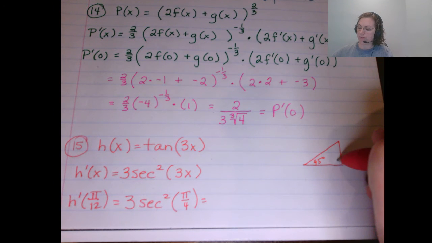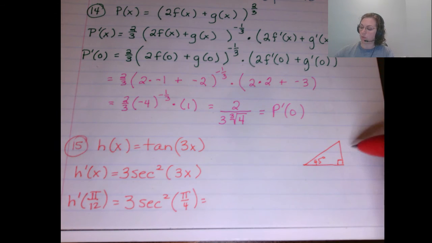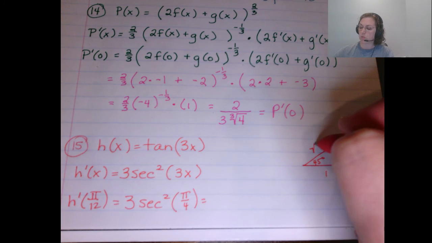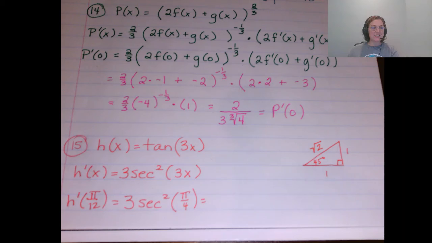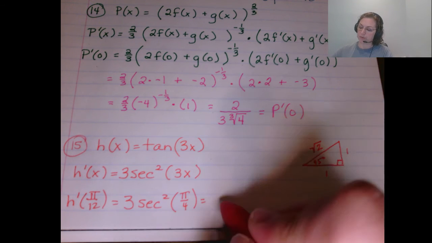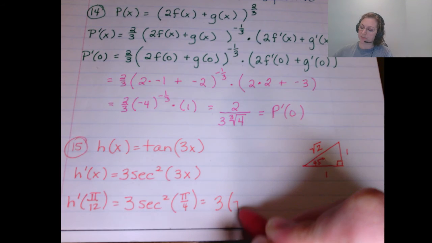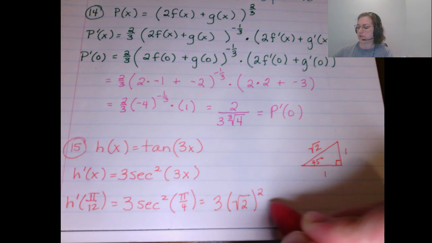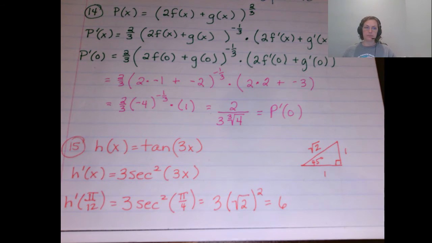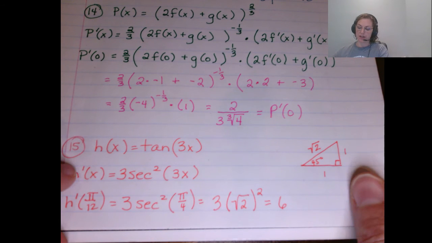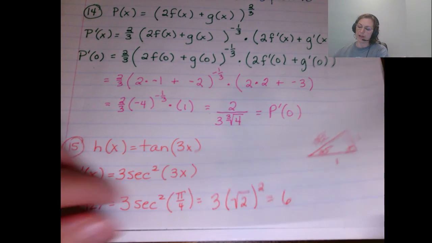And we know in a 45, 45, 90, you've got 1, 1, square root of 2. So secant here is actually square root of 2. So I've got 3 times the square root of 2 squared, which would give me 6.